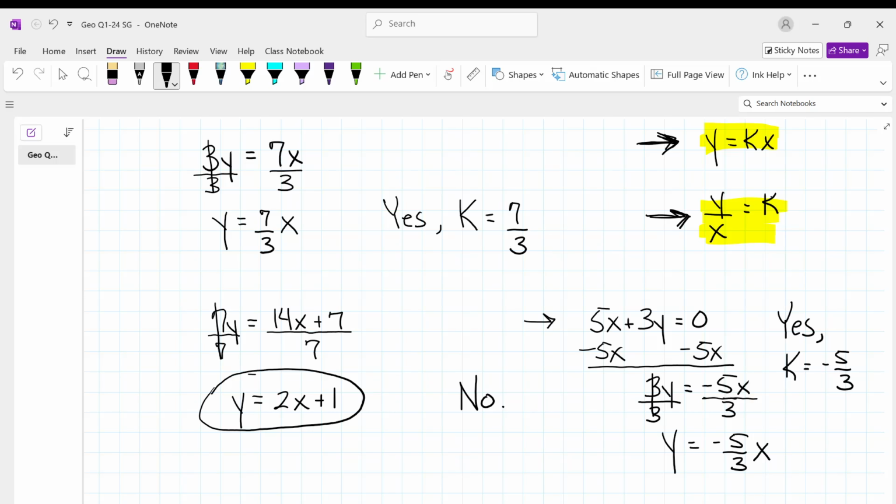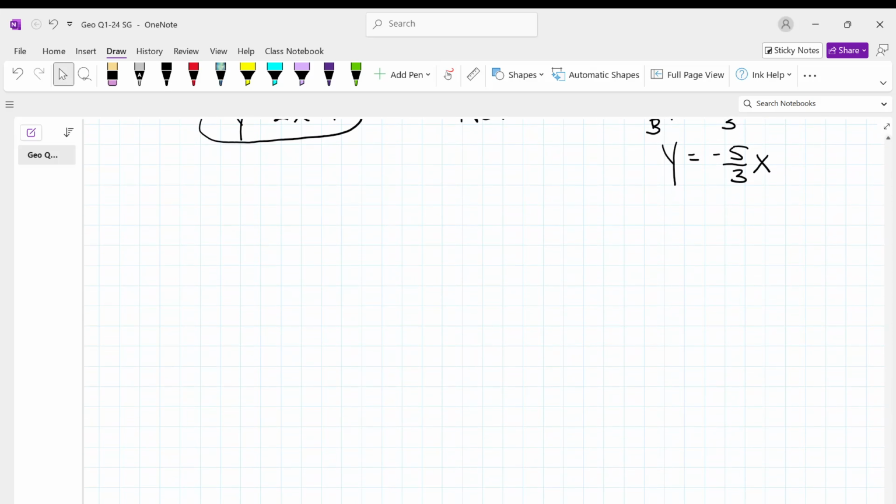The third type of problem that you're going to see today: you'll be told y varies directly with x.